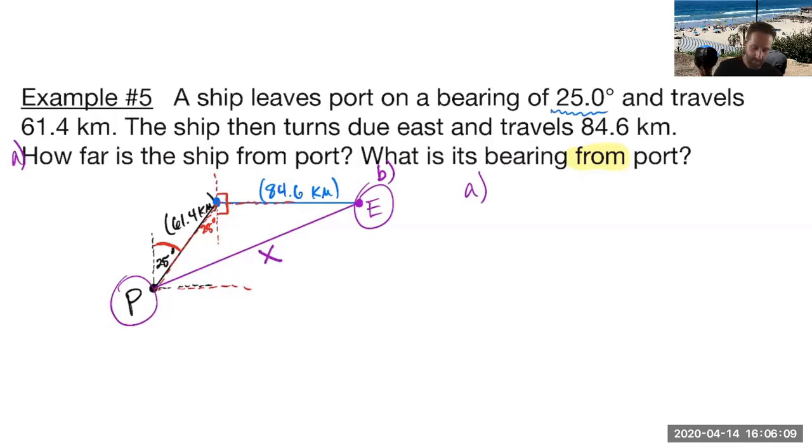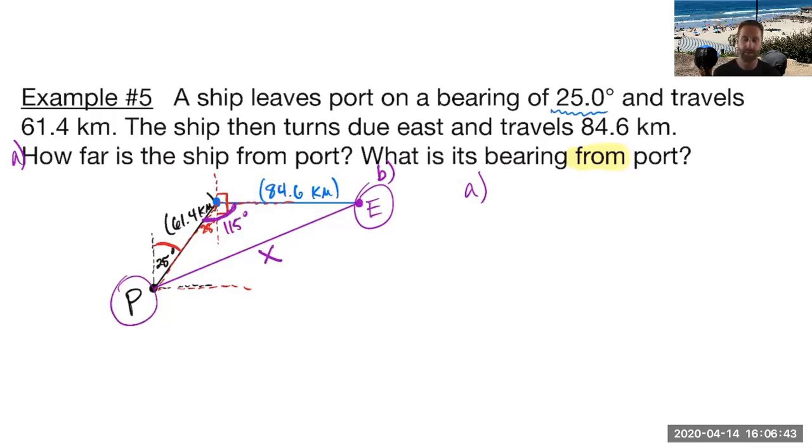Because I knew that this side was 61.4, this side was 84.6, and because this angle and that angle are alternate interior angles, and this was 90, I actually have the angle included between those two sides. So I'm going to add that up to get 90 plus 25, which would be 115 degrees.